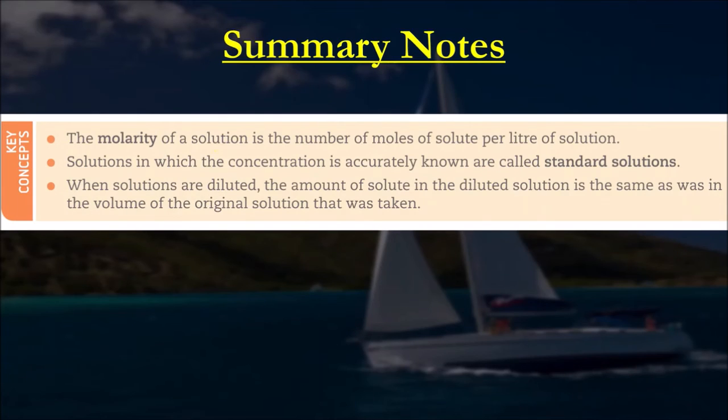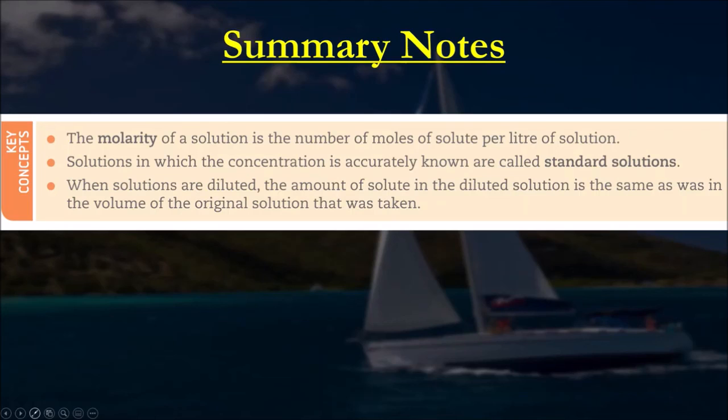Okay, next we have the summary notes of the chapter. So molarity of a solution is the number of moles of solute per liter. So moles per liter is the unit. Solutions in which the concentration is accurately known are called standard solutions. When solutions are diluted, the amount of solute in the diluted solution is the same as it was in the volume of the original solution that was taken.